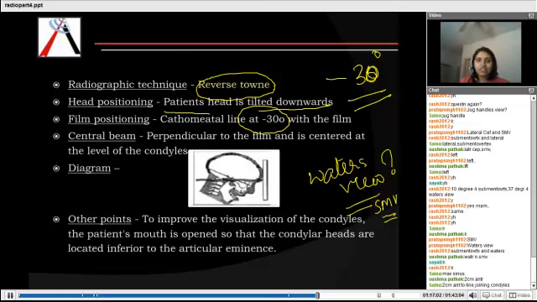And here is the line joining the condyles. Perfect, Sushma. Perfect, Saina. Yes, alright. Okay, so all going good in here?